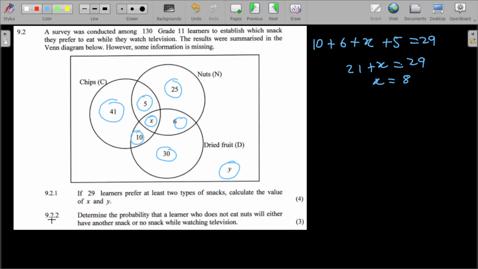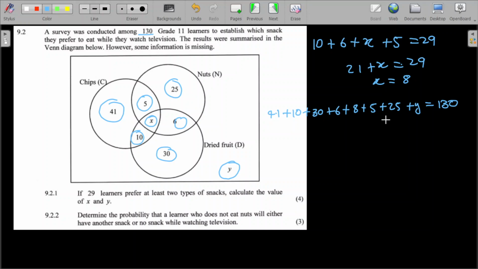Now, finding Y, sorry. Finding Y is going to be all of these values also adding up to 130, because that is the number of learners in this survey. So it's going to be 41 plus 10 plus 30 plus 6 plus 8 plus 5 plus 25 plus Y, which is equal to 130.